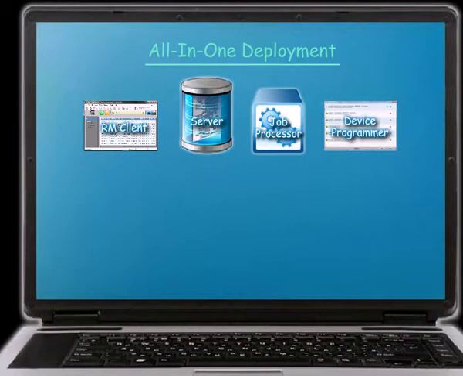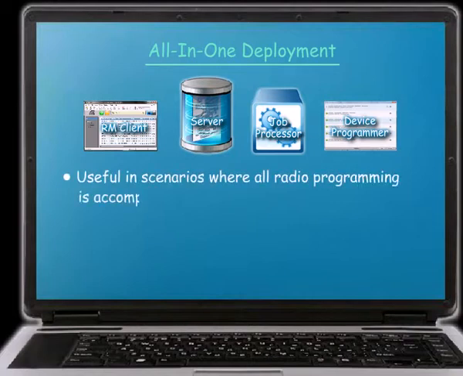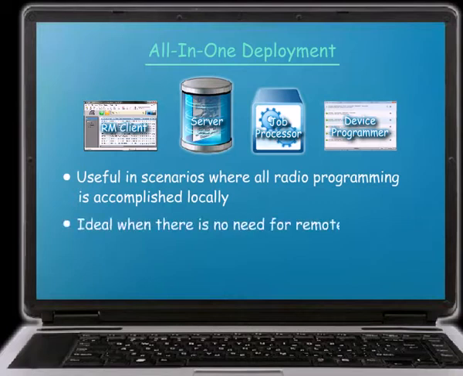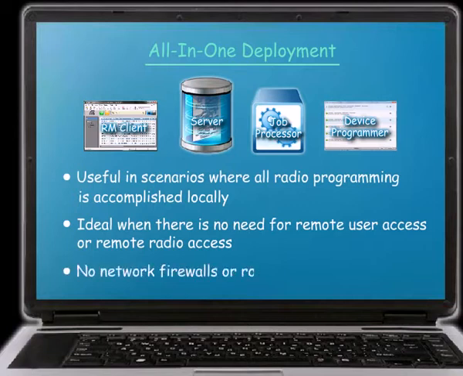This configuration is useful in scenarios where all radio programming is accomplished locally. Therefore, this configuration is ideal when there is no need for remote user access or remote radio access. With this configuration, there are no network firewalls or routers to consider.